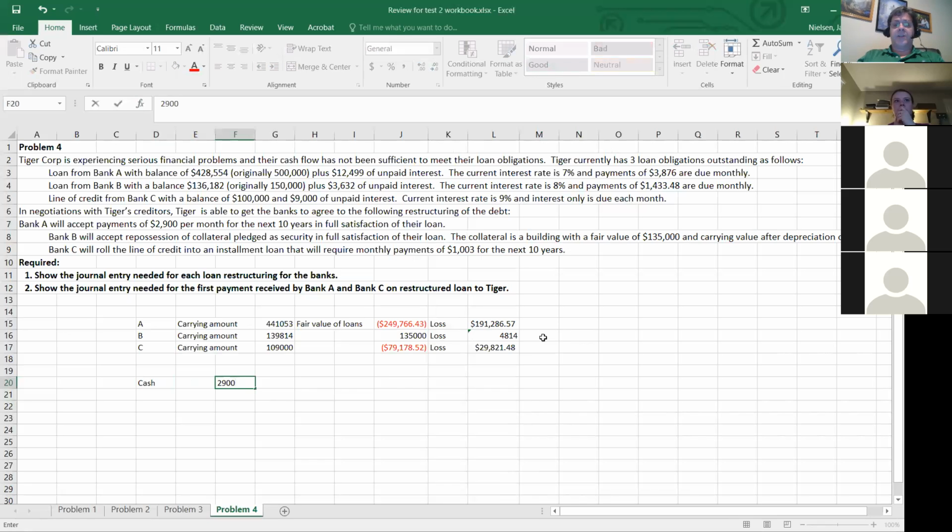That's how much is going to get paid by Tiger to Bank A. And they're going to credit interest revenue and credit note receivable.